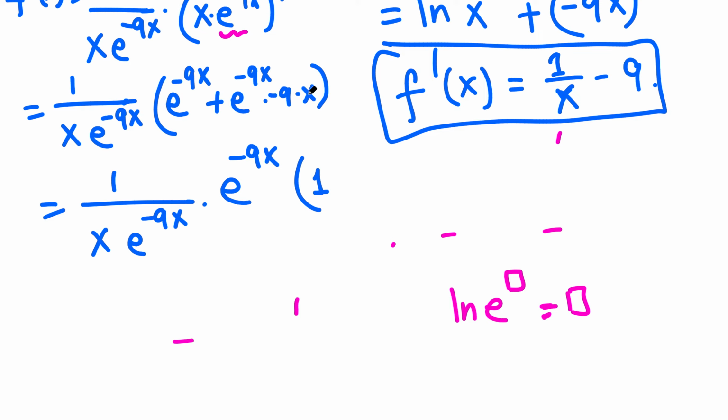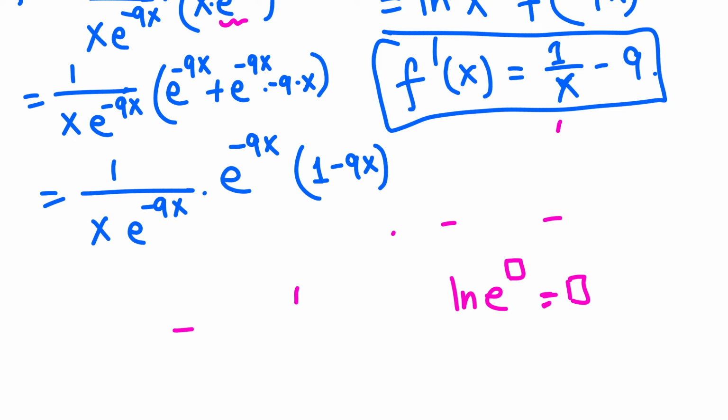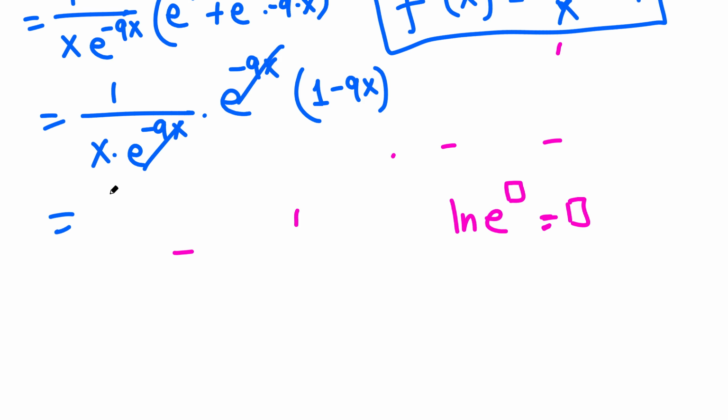The other is negative 9x, and this one is out, so pretty much minus 9x. Now when we factor something out, these two cancel. Then what is left is 1 over x times the quantity 1 minus 9x.